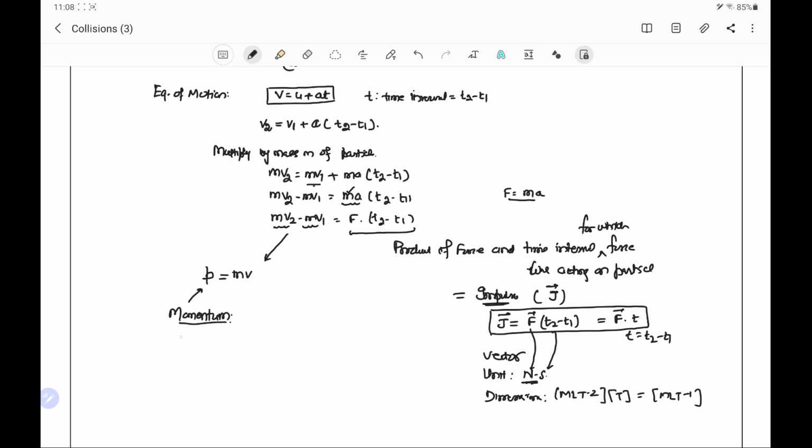So momentum is the product of mass and velocity of the particle at any instant.